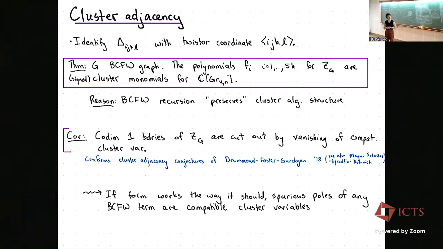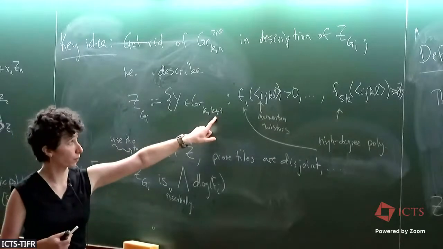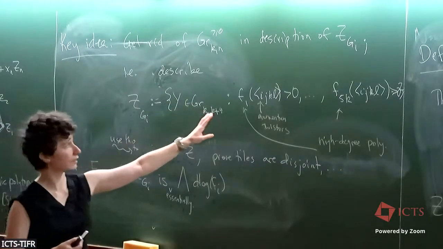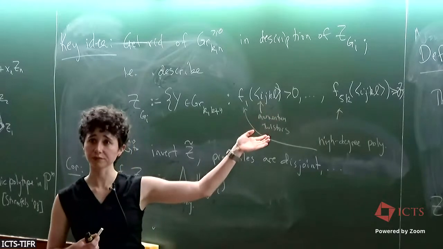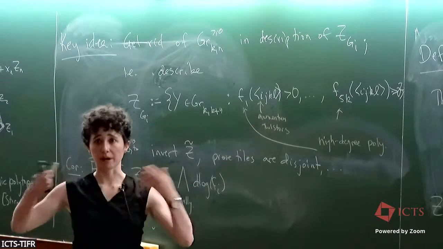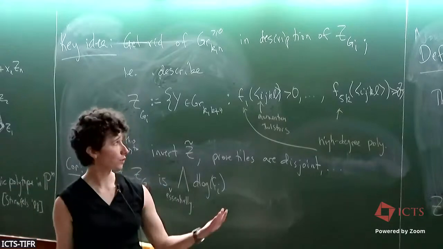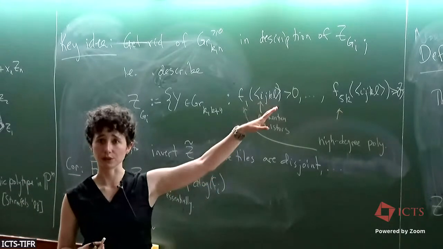Okay, and another very nice thing that this shows: I have this tile in Gr(k+4, n), and I say, how do I get my tile? I just ask that certain cluster monomials have a particular sign. How do I get to the boundaries? Well, the boundaries should be given by setting some things equal to 0, right?